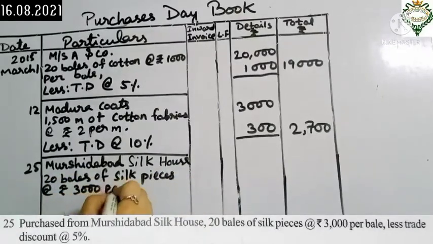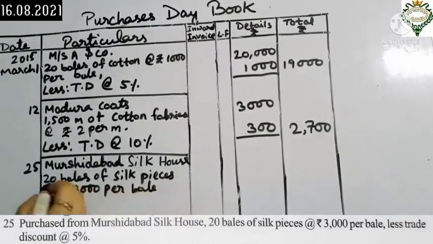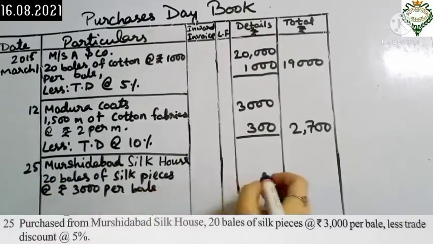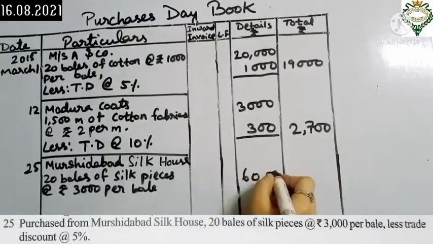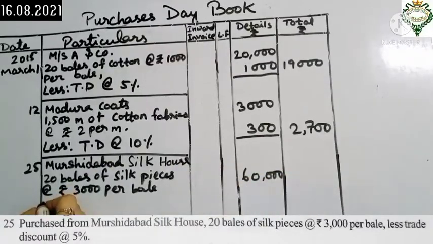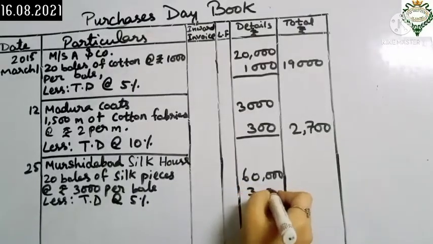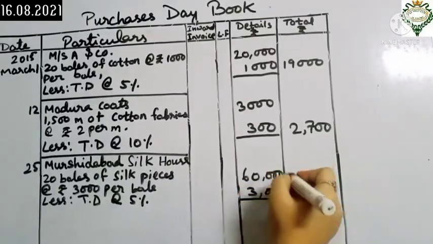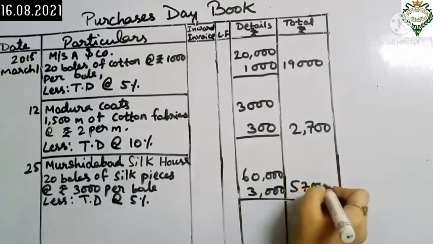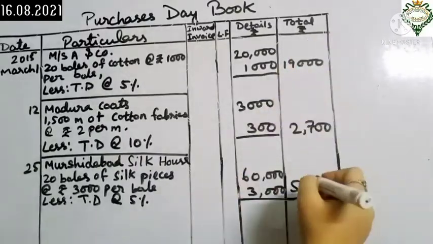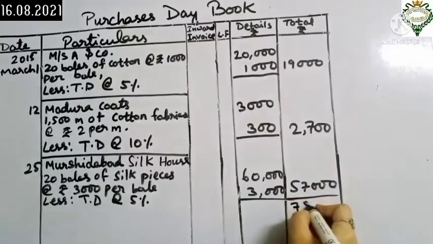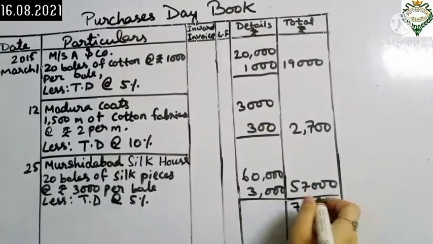If you multiply 20 into 3,000, you will get 60,000 here. And here is also less trade discount, that is 5%. If you take out 5% of 60,000, you will get 3,000. If you less this amount, you will get 57,000 here, and if you add all this, you will get 78,700 as the total.